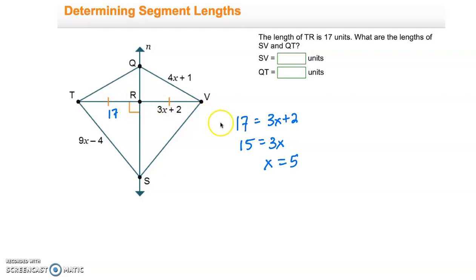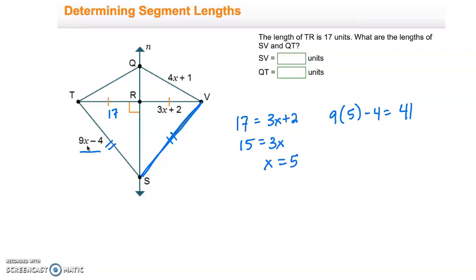Once I know X equals 5, then let's see, SV. Well, SV is right over here. Which line is congruent to SV? Well, it would be this one over here, right? So if we can find out what ST is, then we know SV, and we just found what X is. So we say 9 times 5 minus 4 equals 41.